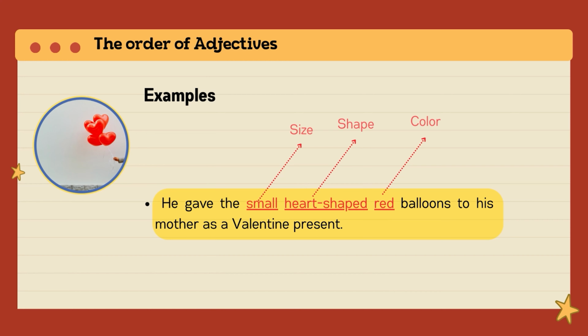That is a present for his mother. Again, notice the order. The sentence followed Do Sas Comp. The adjectives that were used are S, size, another S for shape, and C, color.